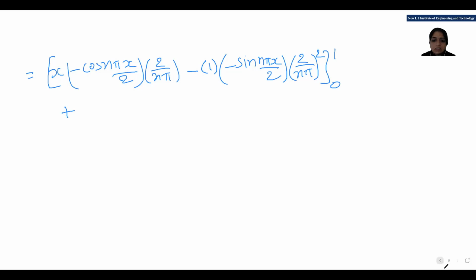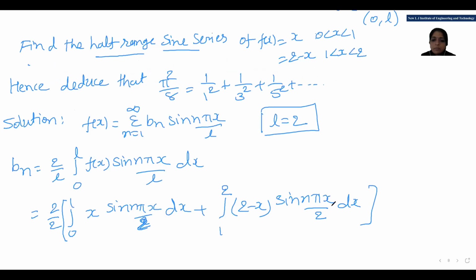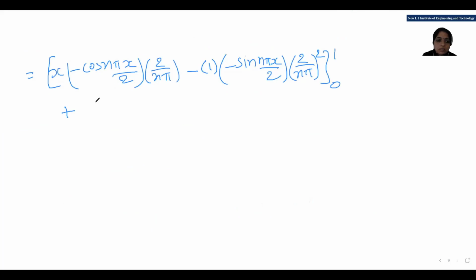Similarly for the second step, here again we apply the Leibniz rule. So 2 minus x keep it same, and the integration of sine is minus cos n pi x by 2, and instead of writing n pi by 2 in the denominator, I put 2 upon n pi in the numerator.